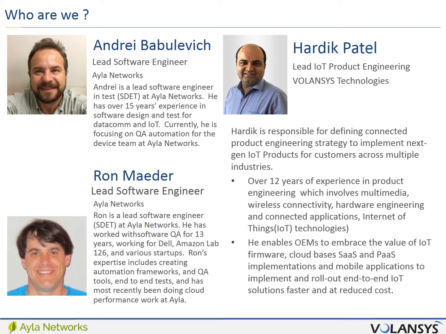Ayla removes the need to invest in networking stack development, end-to-end security, cloud infrastructure, and other undifferentiating work IoT companies might have when bringing connected products to market, allowing them to focus their resources on their areas of expertise where it matters.